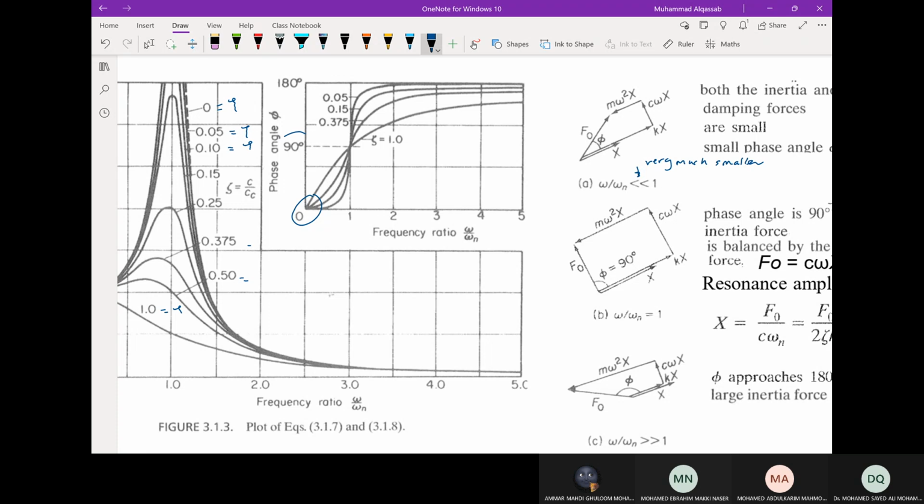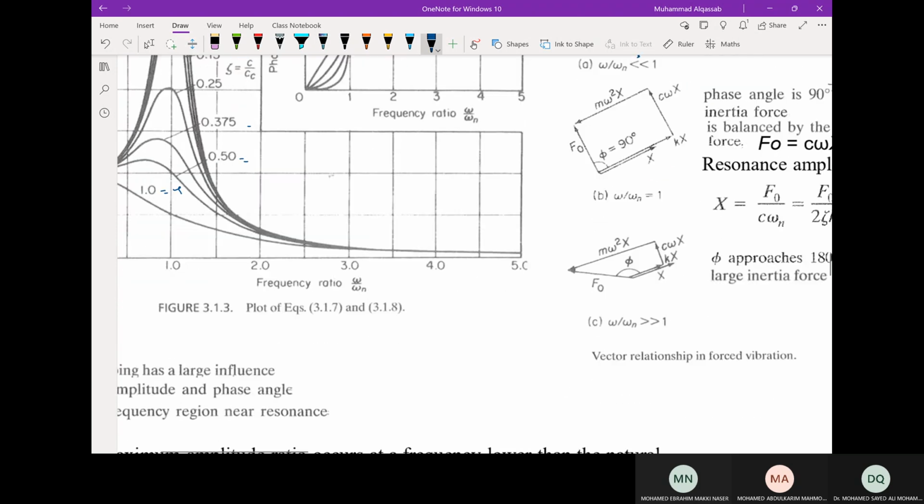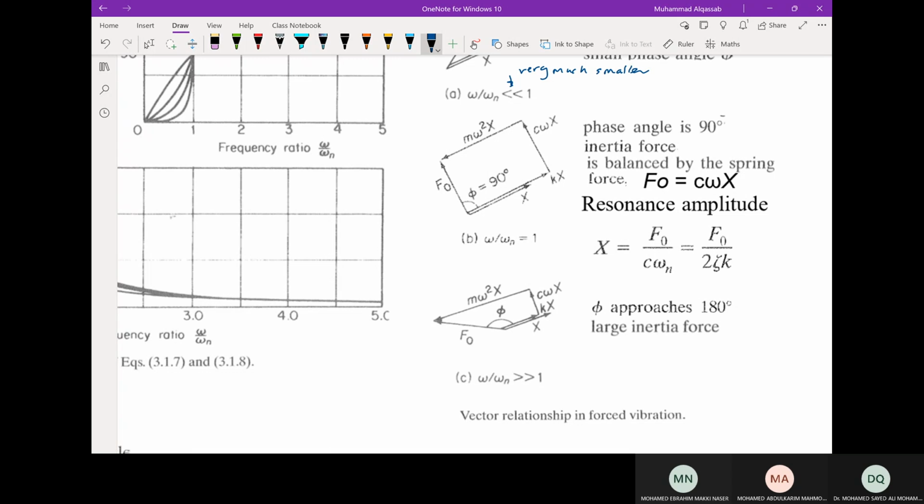As you can see here, this is 90 for all curves, for all damping. And the polygon reduces to a parallelogram. The spring force is parallel to the inertia force, and the spring itself carries the inertia of the mass. It is not carrying F naught. The damper is carrying F naught.